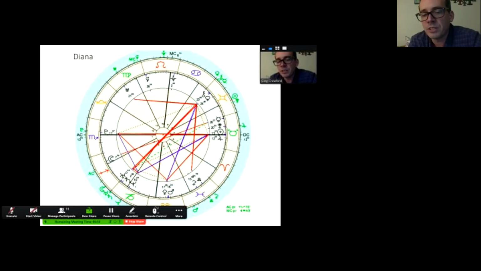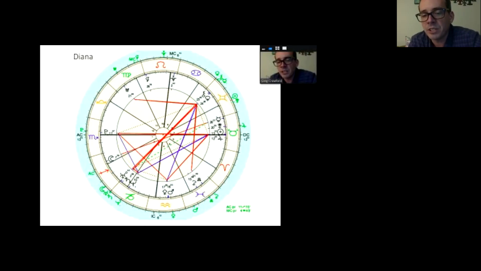So her desire nature is going much stronger in that Pisces, Neptunian 5th house dimension, combined with all the Gemini, to really go deep with whatever she's exploring mentally. And there'd be some strong mental connections, of course, with relationships.